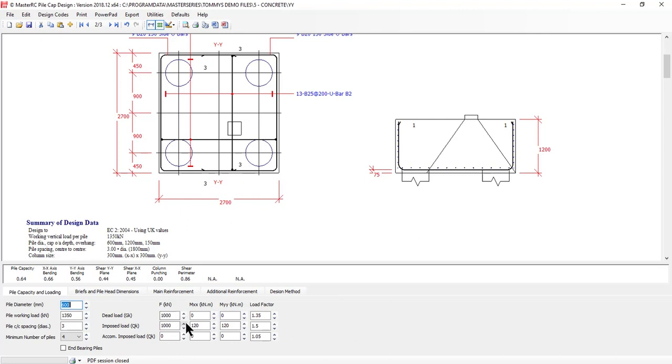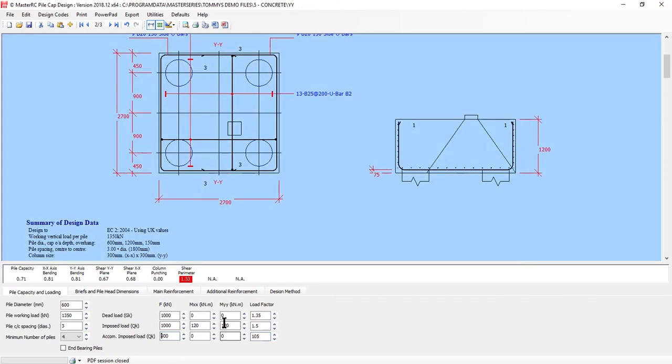So if we were dealing with a dead plus live plus wind condition, we would have an accompanying imposed load that has a different load factor, such that if you wanted to say that the wind was giving us a 500, well, since it's possibly detrimental, you might actually want to put it in a 1.5 rather than 1.05 if it's giving us those. So you have all the facilities you want to.